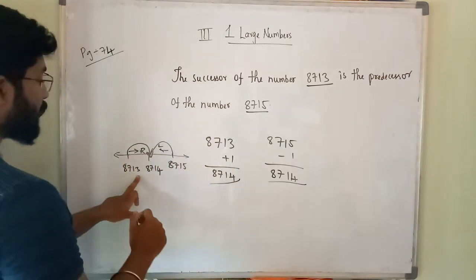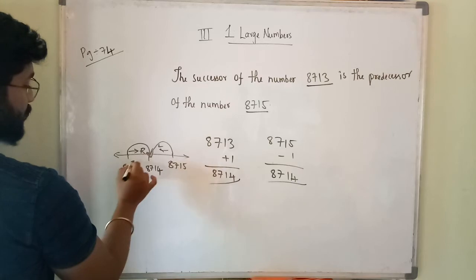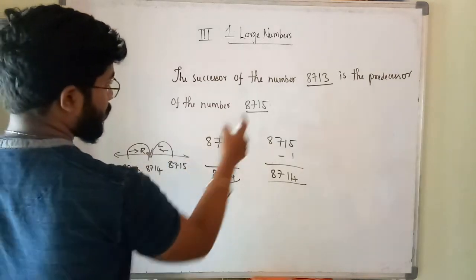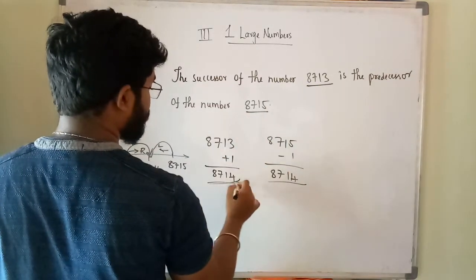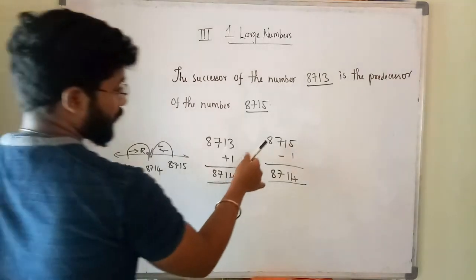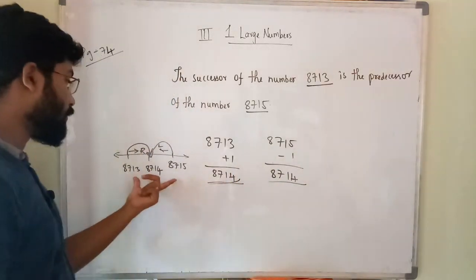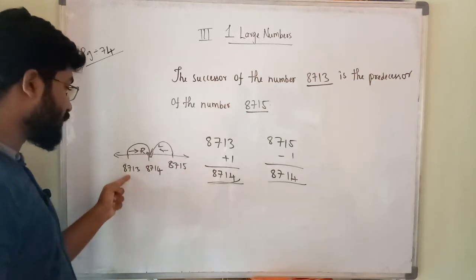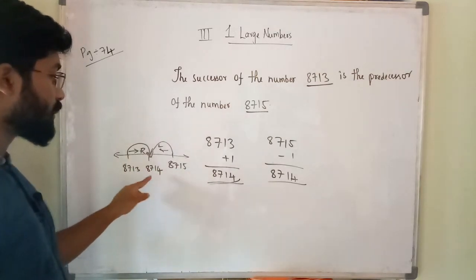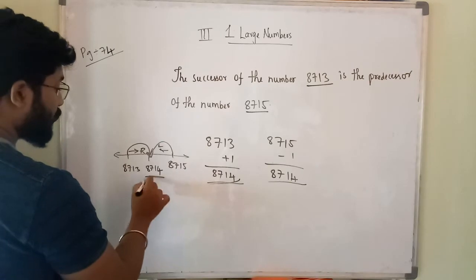For this number, he is asking the successor. What is the successor for this 8713? 8714. And for this number, the predecessor is 8714. So the successor for this number will be the predecessor of this number. So this one is the answer.